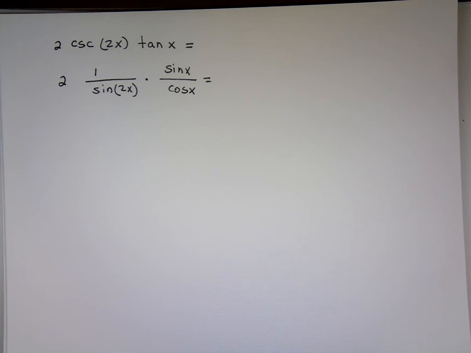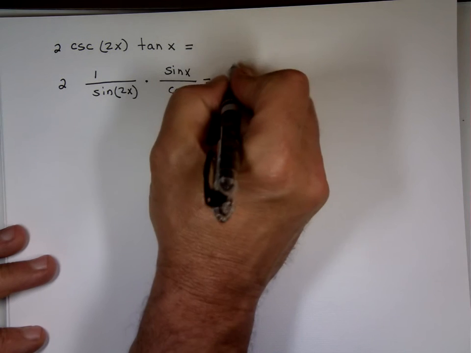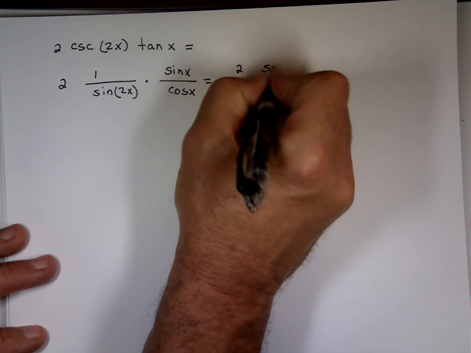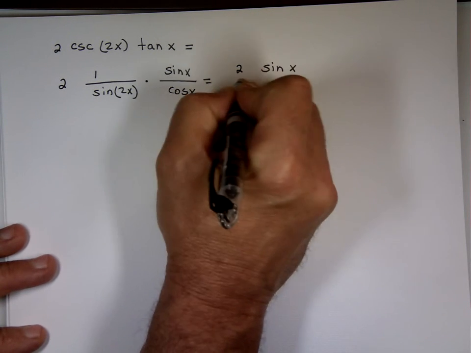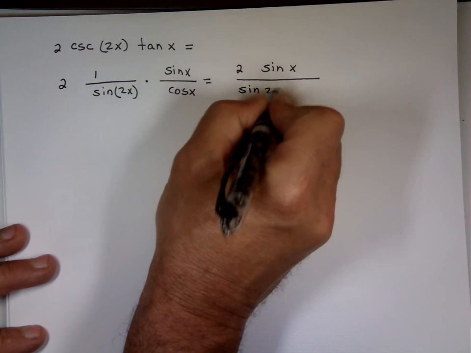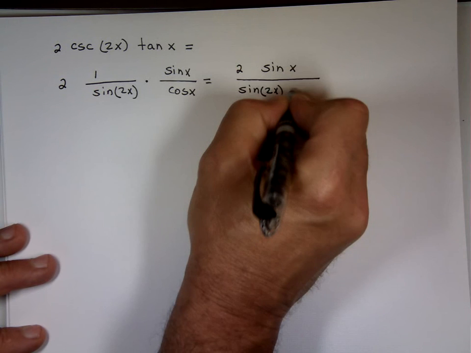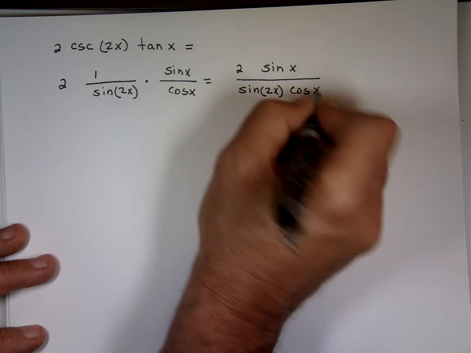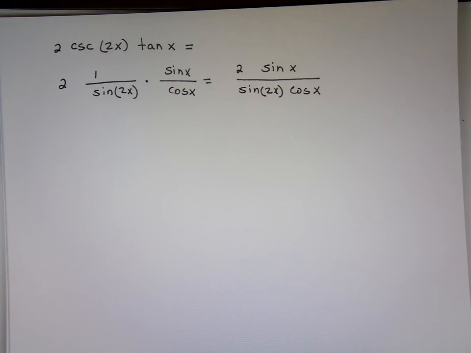So if I clean that, that's sine of x on the top. The bottom is going to be what? Sine 2x cosine x. What can we do now?